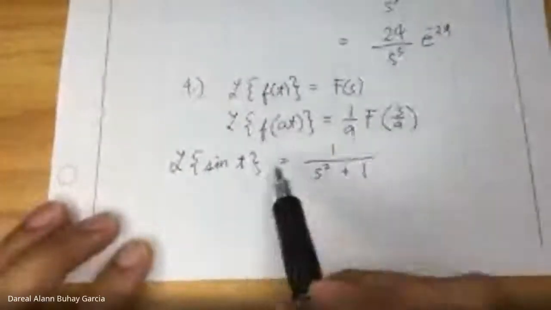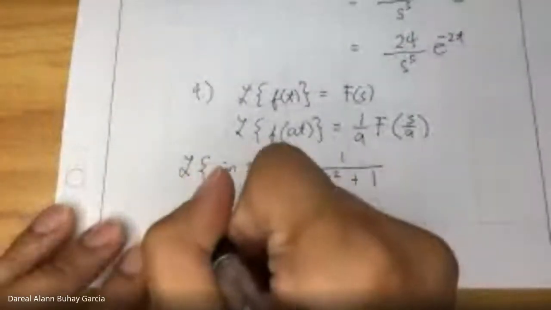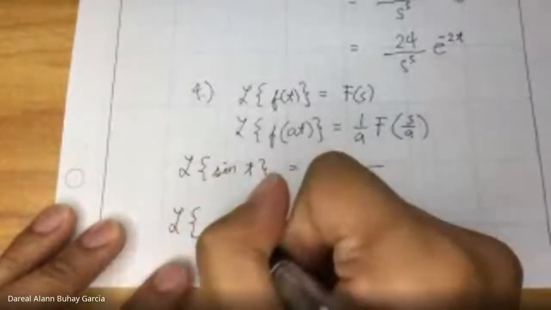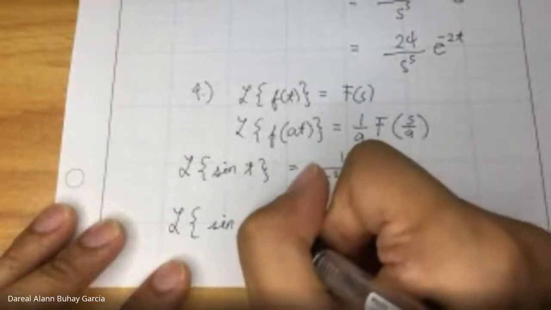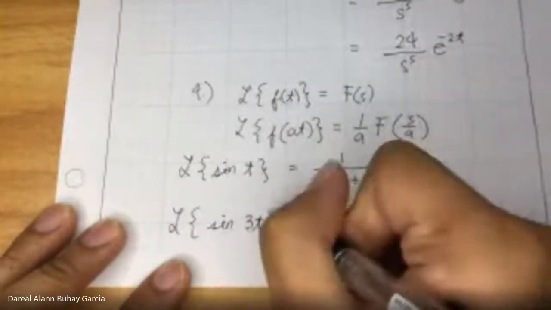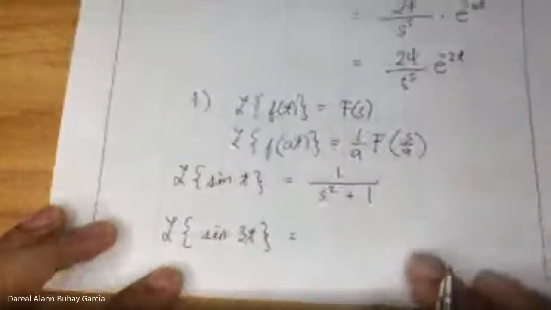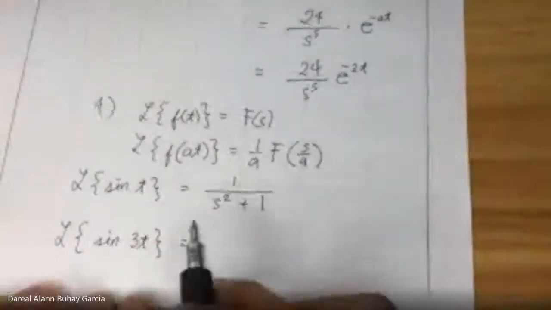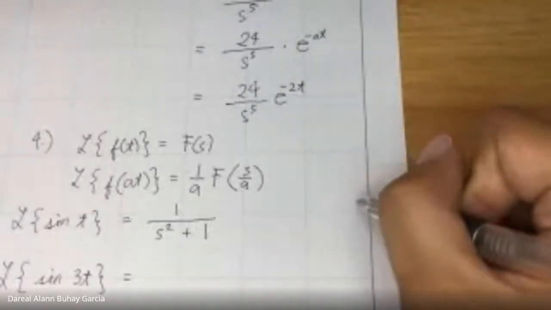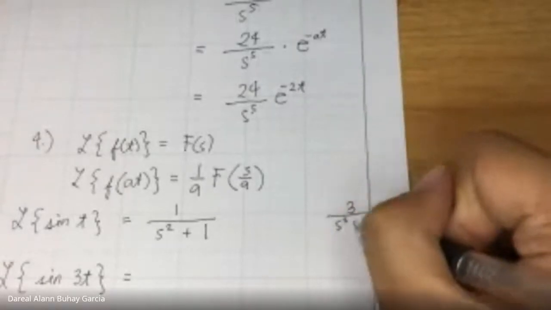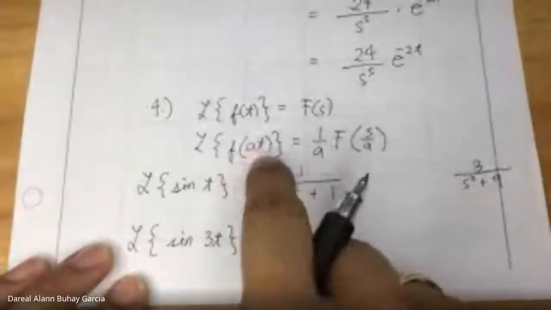Now, although none is a table, pero just to illustrate this point, what then now is the Laplace of sine 3t? Ang Laplace ani is 3 over s squared plus 9. Based sa table. Pero just to illustrate our point, no?